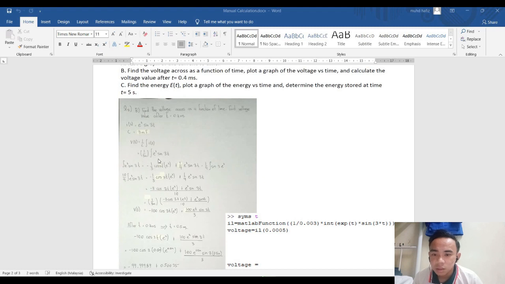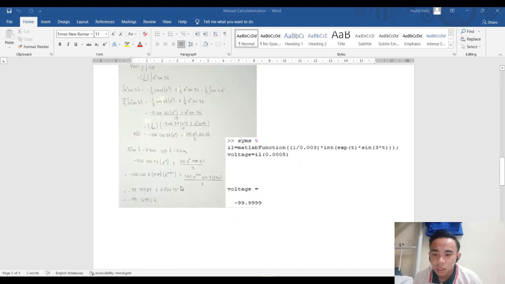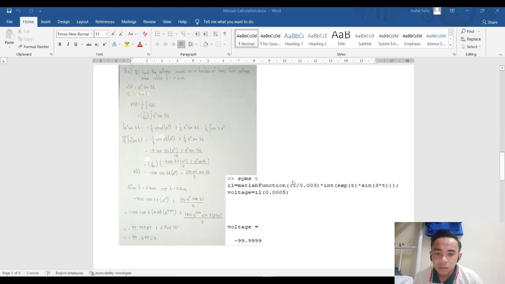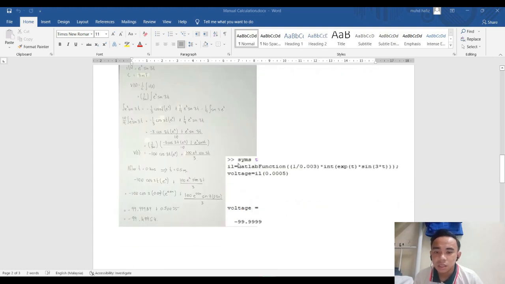After we calculate it, we get negative 99.49964. For the MATLAB equation, we get a near value for the answer.